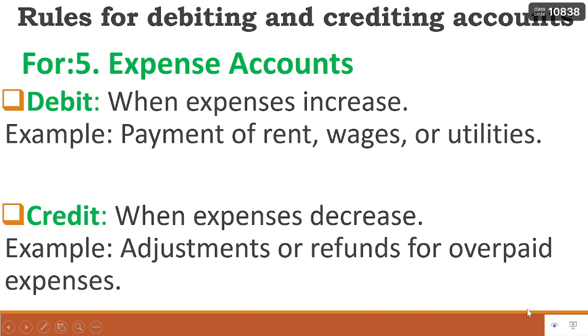When you overpay expenses and you want to reduce or adjust or just receive refunds, the adjustment or refunds for the paid expenses push you to credit the expense account.